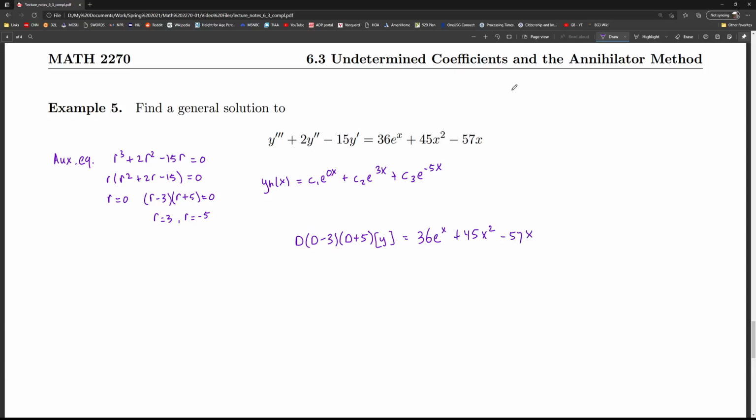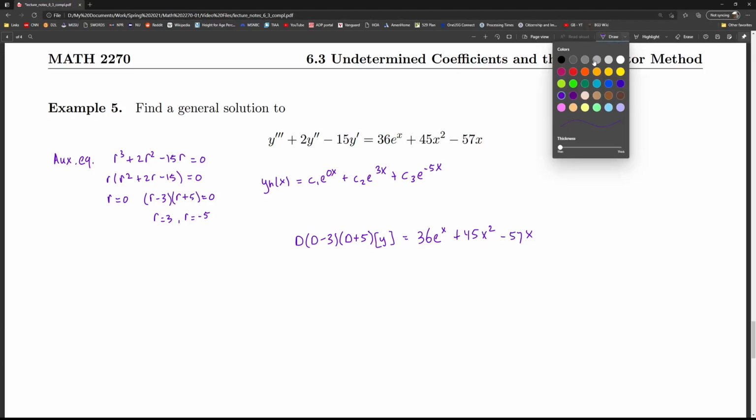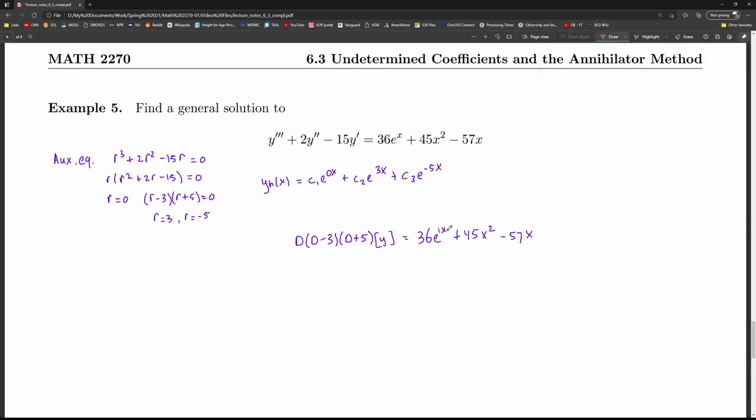So now we want to take a look at what is the annihilator on the right hand side. So here we have 36 times e to the power 1x. So the annihilator for that first part is D minus 1.